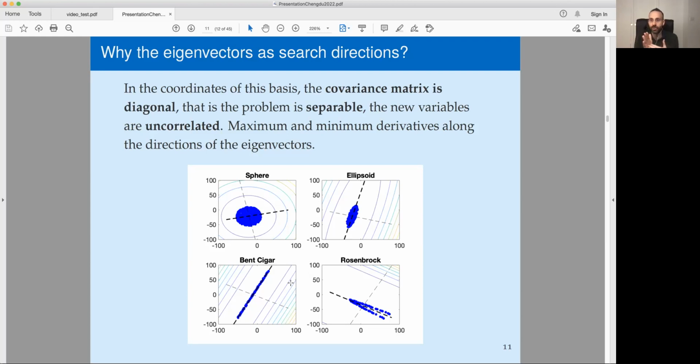So these variables are not correlated to each other. So we can move along those, and we are not affecting one variable from another. This might sound slightly confusing, but it will be more clear in a minute. There is another thing that happens with maximum and minimum derivatives, and I will show that later.